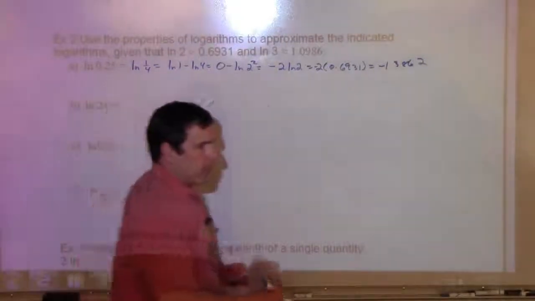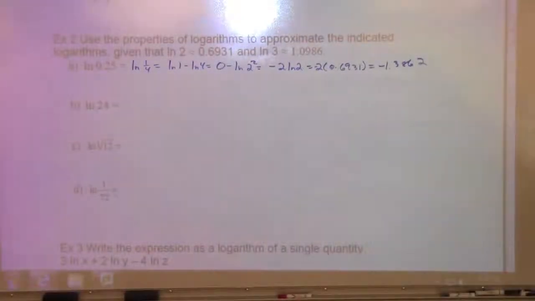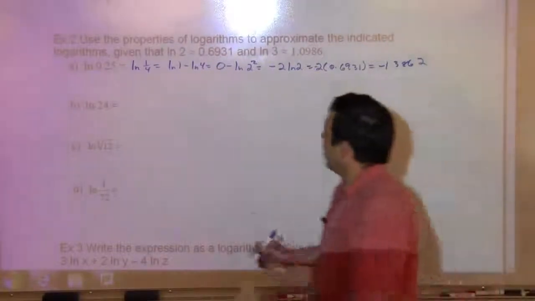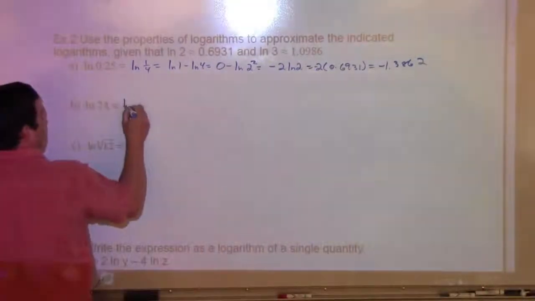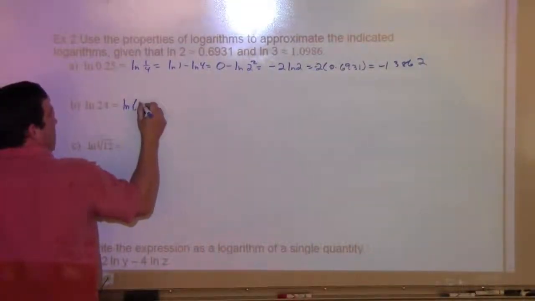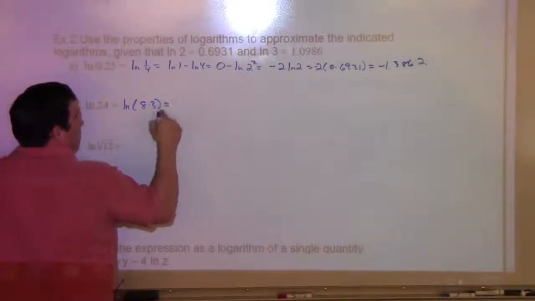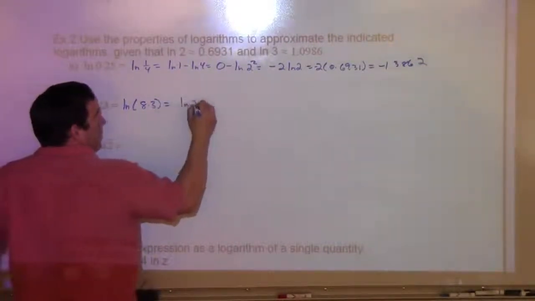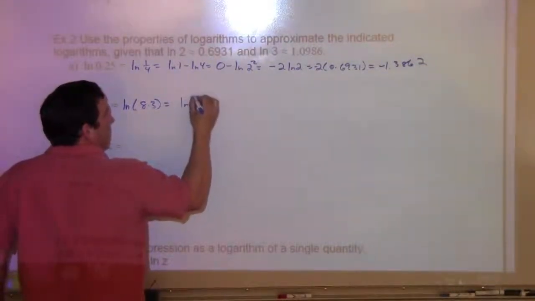Natural log of 24 is next. Natural log of 24 would be the natural log of, I want to say 8 times 3. Why 8 times 3? Because then that's natural log of 2 cubed times 3.